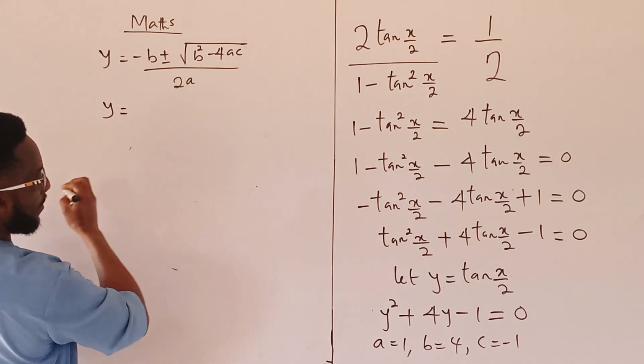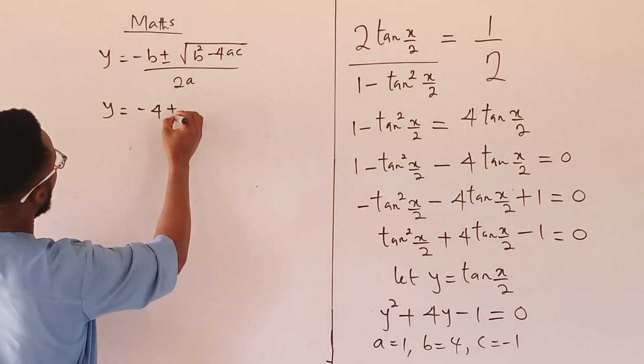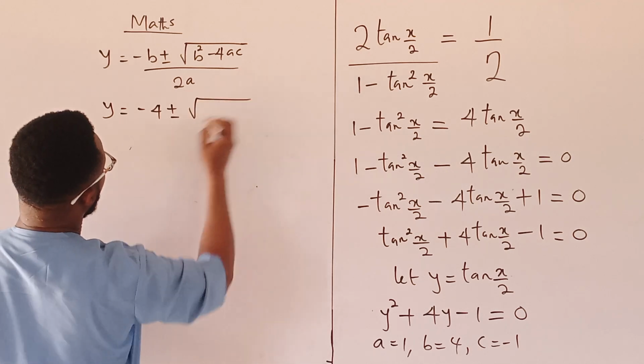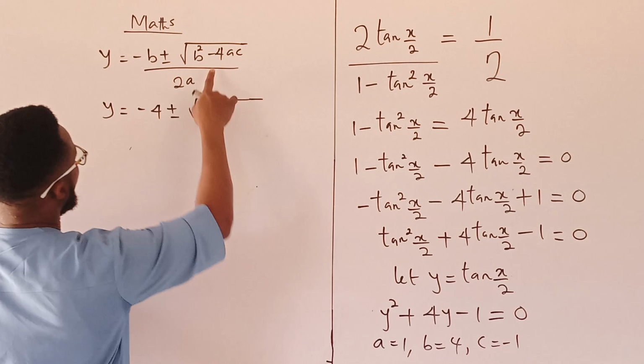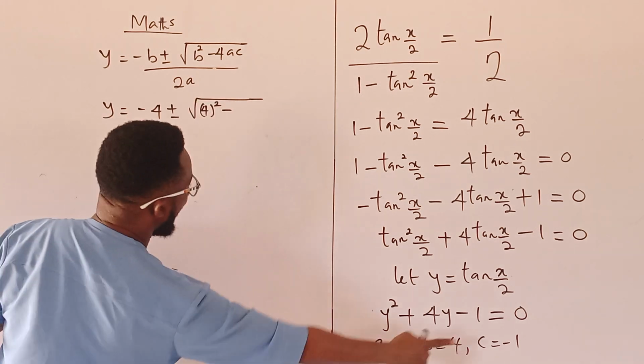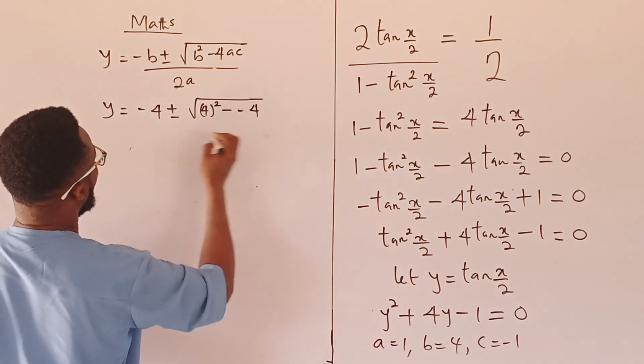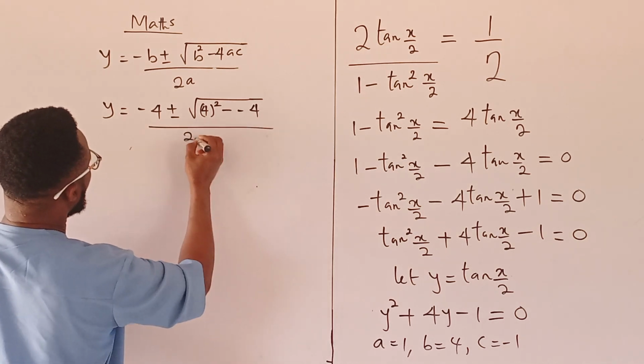So y will be -4 plus or minus square root of 4 squared minus 4 multiply 1 multiply -1, everything upon 2 times 1.